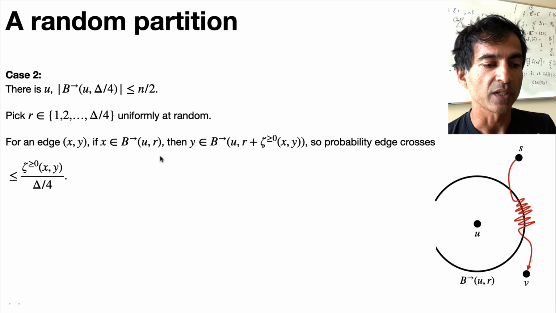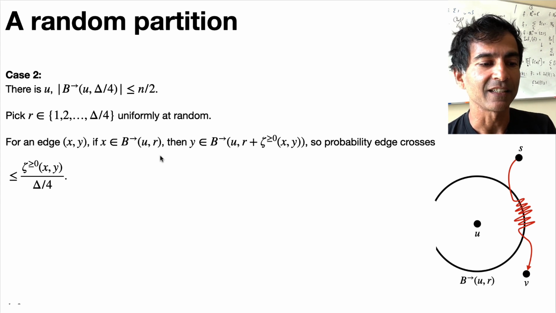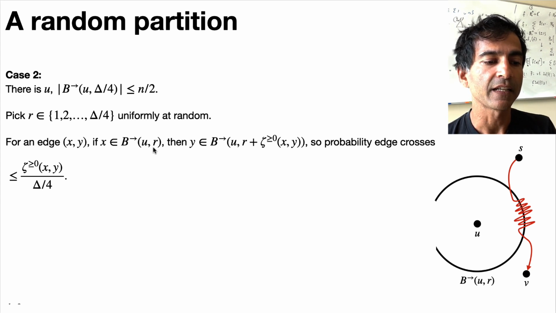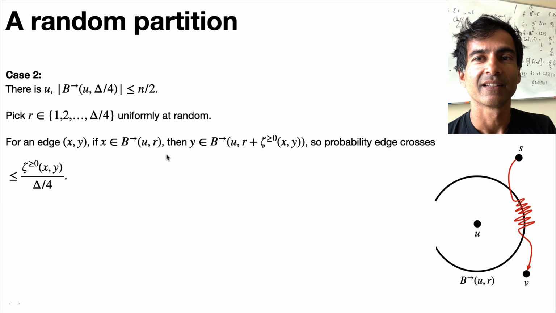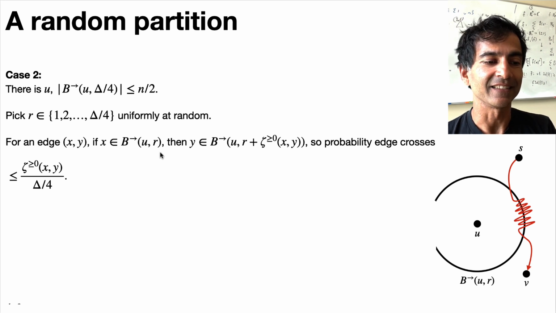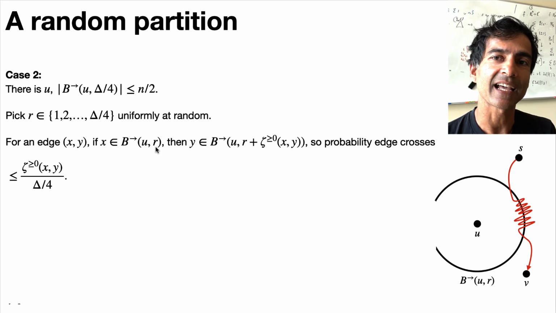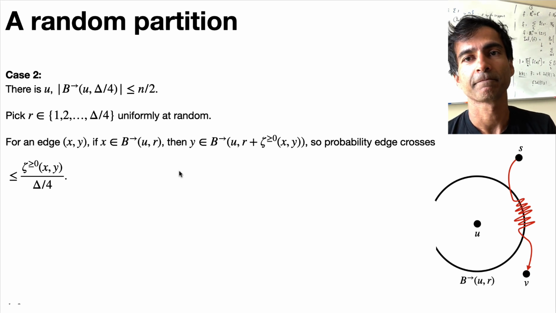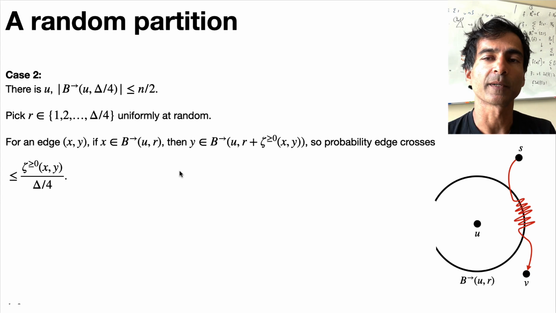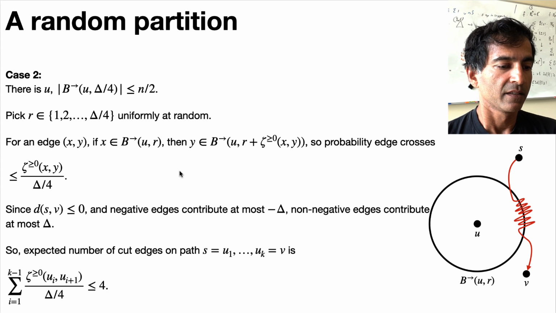Because we can only get unlucky if the r that we pick is exactly in the range in between these two parameters. It contains x but does not contain y, and there's a short interval of parameters where r can have that feature.